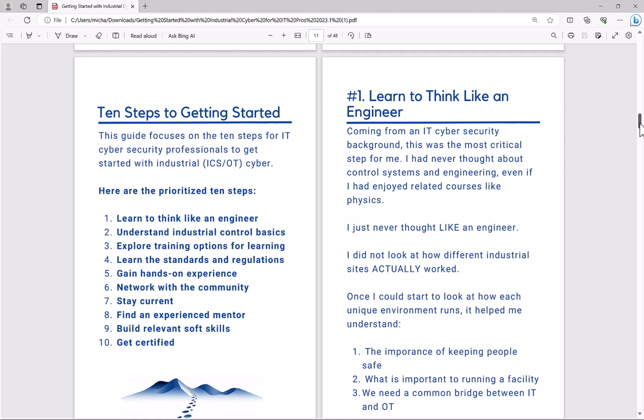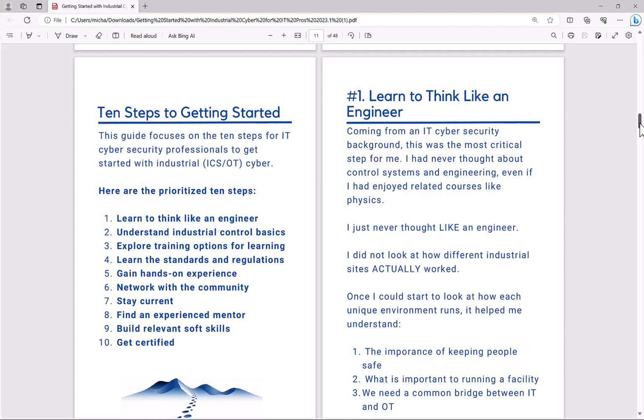But not only do you have to understand how environments work and be able to ask the right questions, by doing that, it also helps you connect at a much more personal level with the engineers, the people that work in automation, the technicians, the folks that run the facilities, and they're much more willing to work with you rather than not.